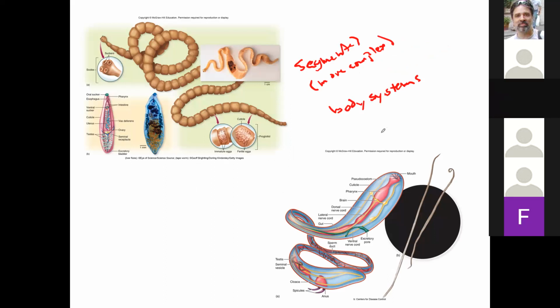So there's a nervous system, there's a circulatory system, and so on, right? The most elaborate body systems in these organisms are the reproductive and the GI, right? That's because it relies on the host for everything else.